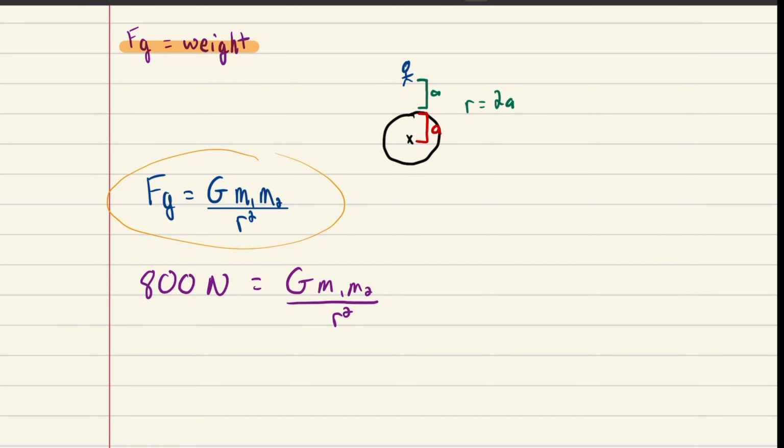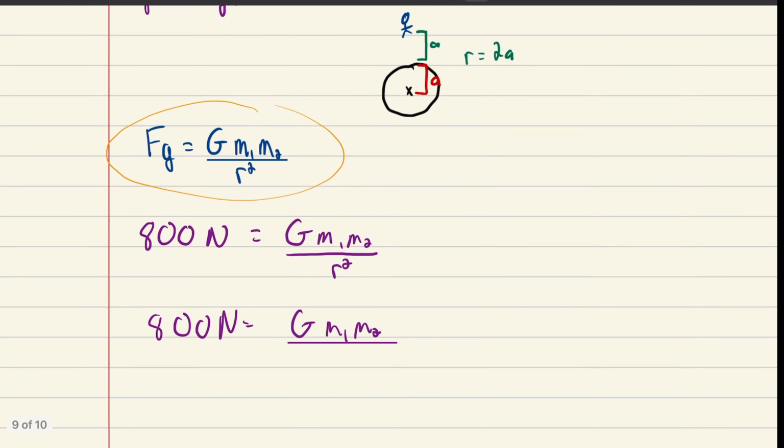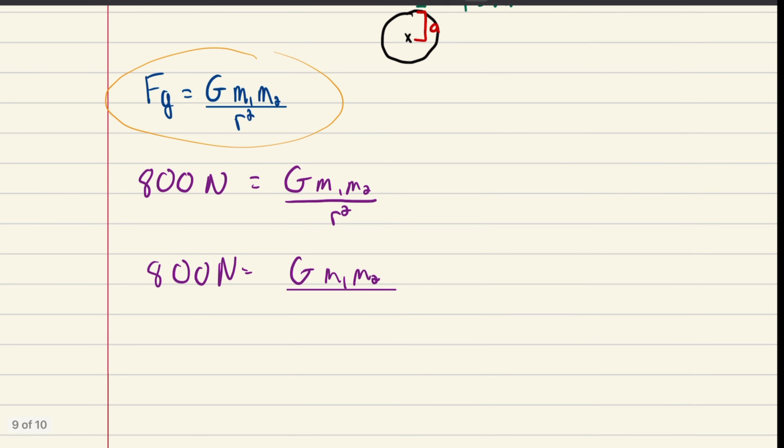And what we're going to do from here is exactly what the question describes to us. We're going to say that 800 newtons is equal to G m1 m2. We're given no other variables, but we know that the total radius, or the distance between the astronaut and the center, is going to be double.